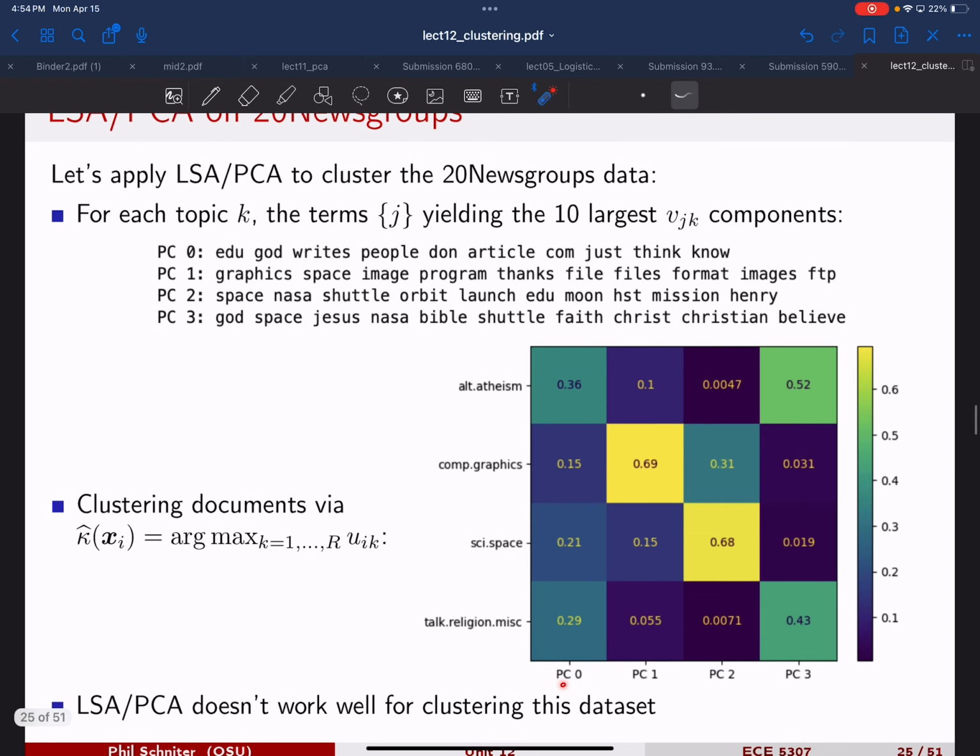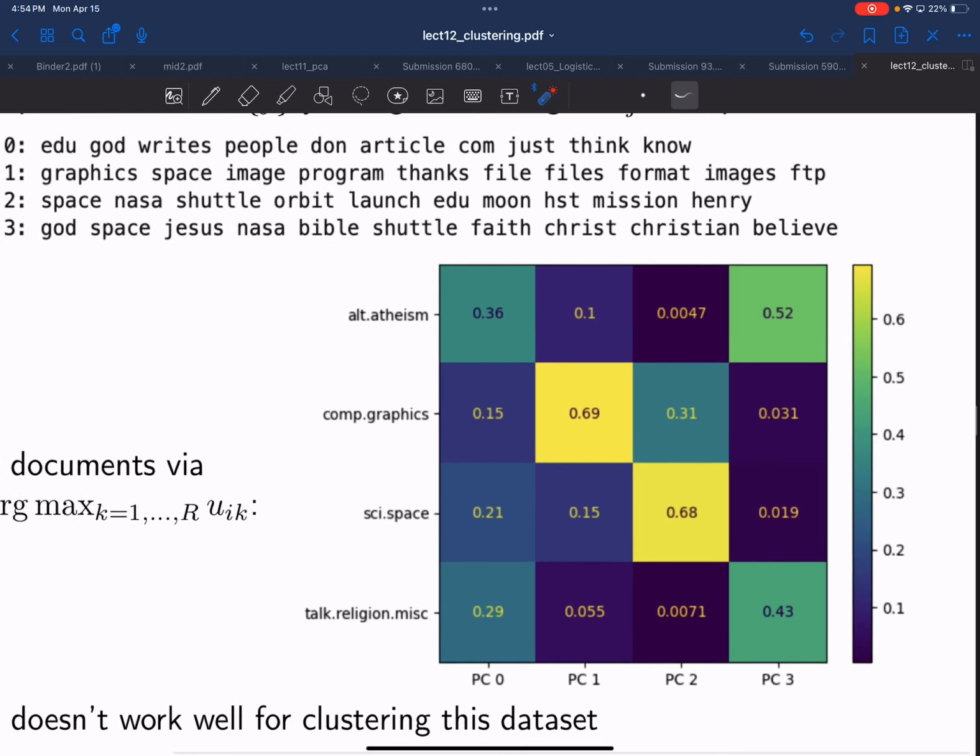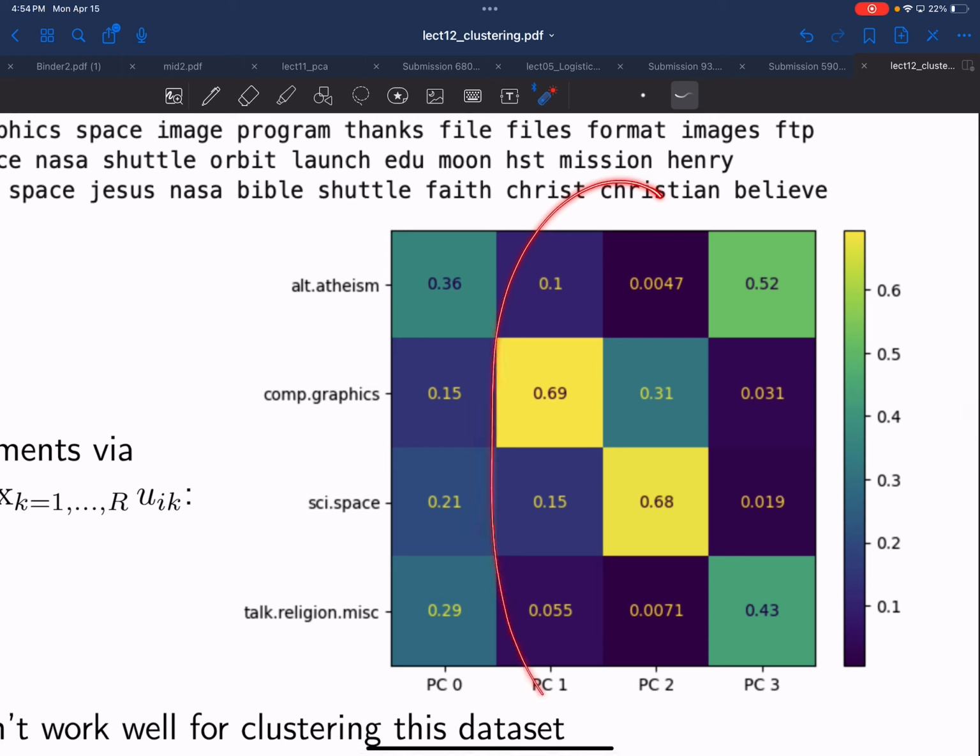These are principal components 0, 1, 2, 3, the true classes, and you can see that none of them are very great. These two are the best, but they get less than 70% as compared to K-means got like 99. And then this one is just pretty bad. It's almost uniform between them.